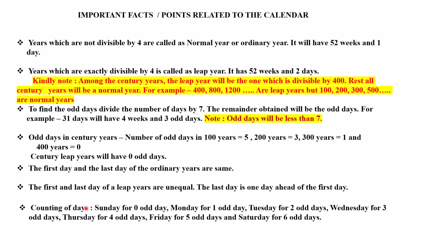Okay. So let's solve few questions based on calendar. Question number 20. If 1st January 2013 was Wednesday, then what day of the week was January 2, 2014? As I have just given you the important points, if the year is an ordinary year, then 1st January and 31st December both fall on the same day.